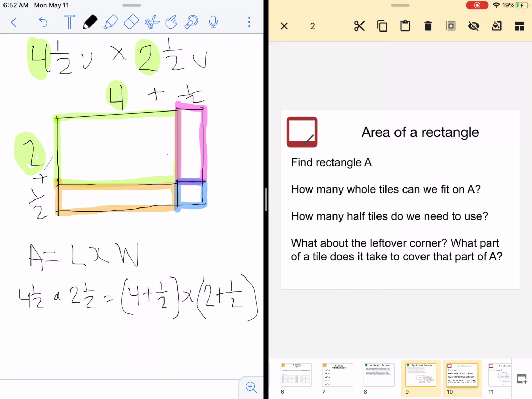And so now we're going to find the area of each rectangle, each part. So let's do the green area first. The green area is how many square units? Yeah, 2 times 4, which is 8 units squared.